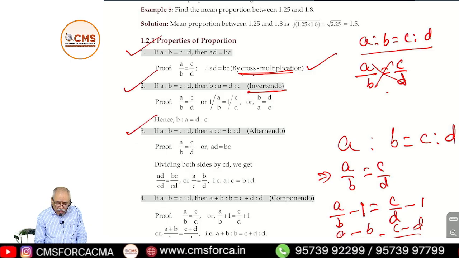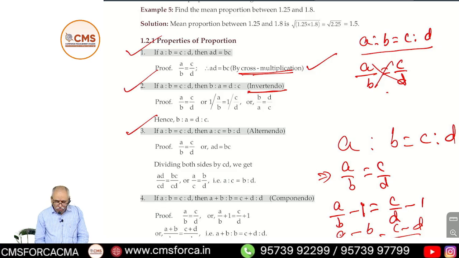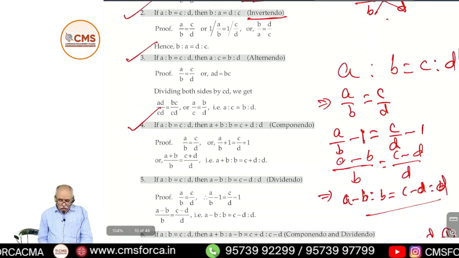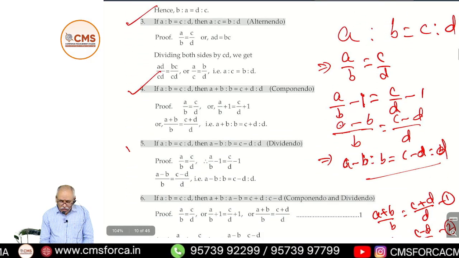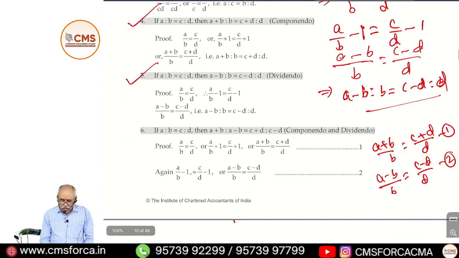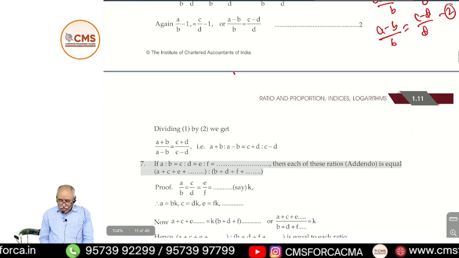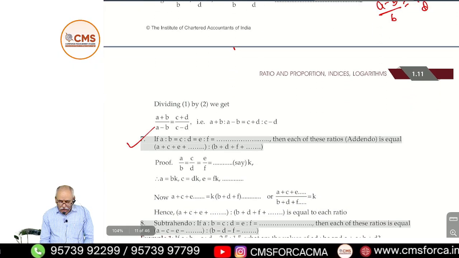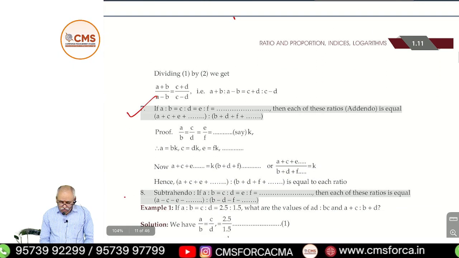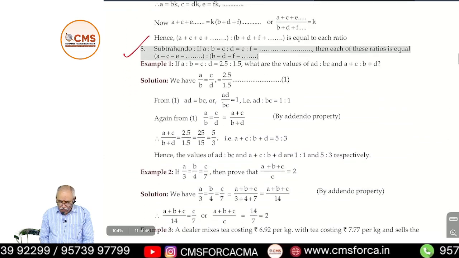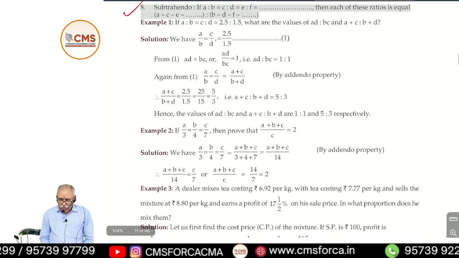Third one is alternando. Fourth one is componendo. Fifth one is dividendo. Sixth one is componendo and dividendo. Seventh one is addendo. Eighth one is subtrahendo. Okay, now these are the properties.